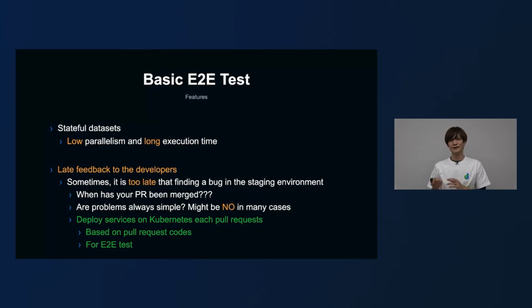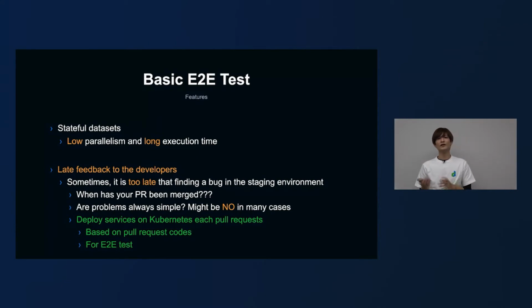So I decided to take this simple approach of using E2E testing for all the pull request codes. For pull requests, unit testing and integration testing are done automatically, so I decided to apply the same approach.